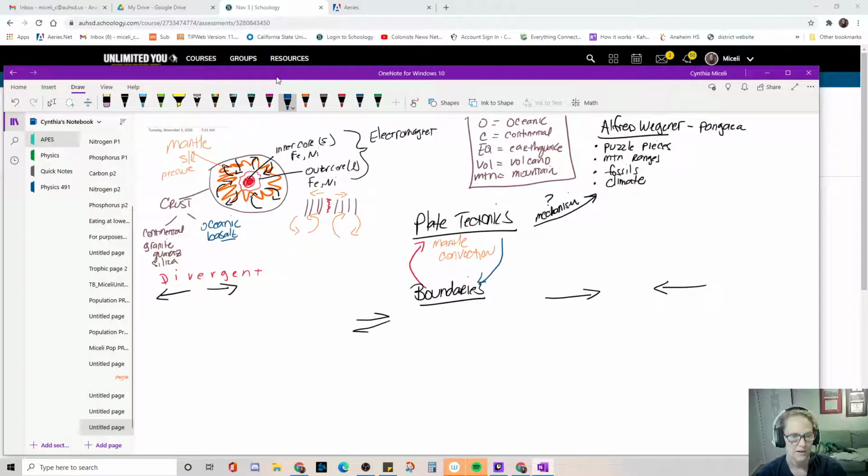So one kind of boundary is an ocean to ocean boundary, and that is called the mid-ocean ridge, which is kind of pictured right here. And that is also called seafloor spreading.